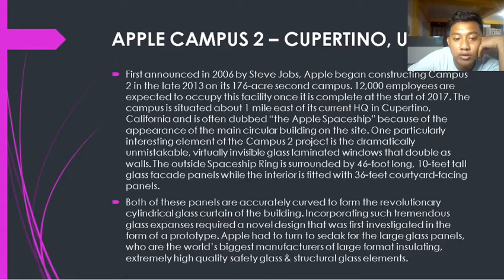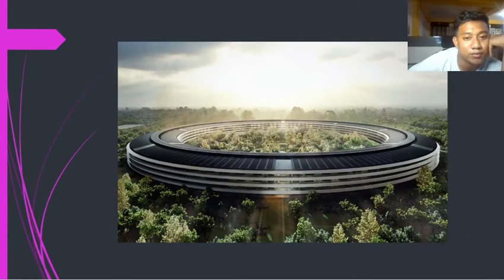Incorporating such tremendous glass expanses required a novel design that was first investigated in the form of a prototype. Apple turned to a manufacturer for the large glass panels, the world's biggest manufacturer of large format, insulating, extremely high quality safety glass. So, puro glass lang naman siya. So, yan siya guys. Spaceship nga.